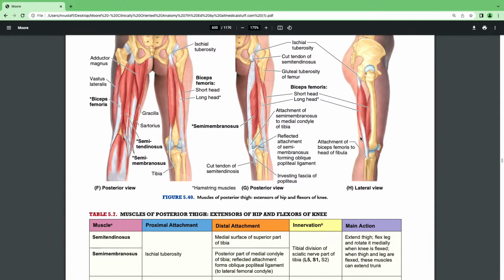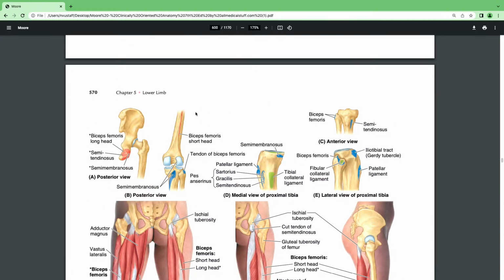Why supracondylar? Because otherwise it would be passing towards the condyles. This picture shows you how it is attached. So it literally passes in the lateral lip of the linea aspera. I mean, the short head of the biceps femoris muscle. So that's how it works.